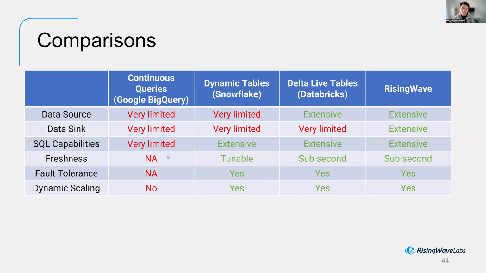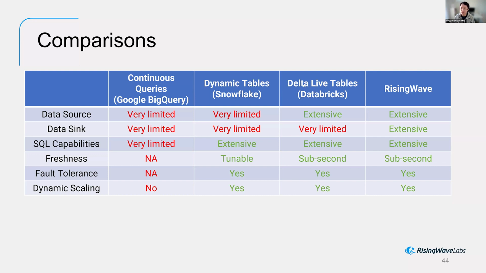Okay, the question about the cost. For Databricks, Delta Live Table is more expensive than Spark streaming. The reason is that it doesn't just require the Spark streaming engine. It also requires more engines. One is that they require the ingesting sources, and essentially they require you to turn on multiple different engines.